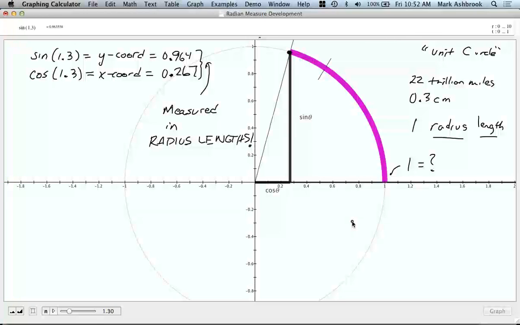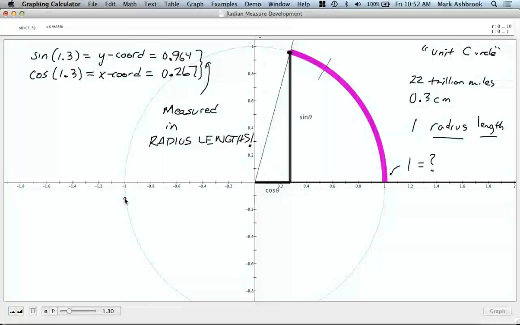So what if the ant went all the way to pi, like it went half the circle? Would that be the cosine of pi, and then we have to multiply that times 0.3? Right, and what would the cosine of pi be? It'd be the horizontal distance here in radius lengths.